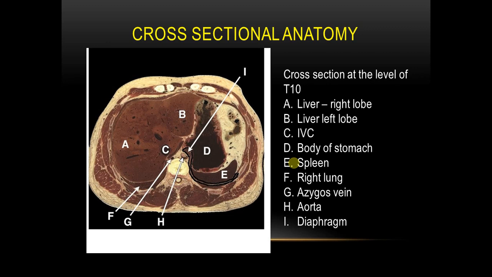The next, a very important branch of anatomy is cross-sectional anatomy. Why is it so important? Because the knowledge of this anatomy helps you to diagnose various diseases, especially through non-invasive procedures.